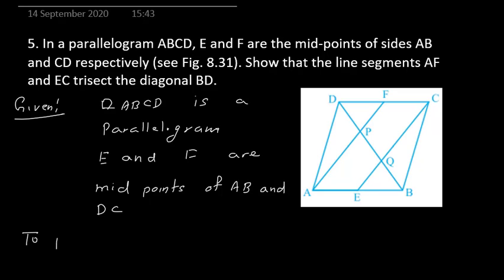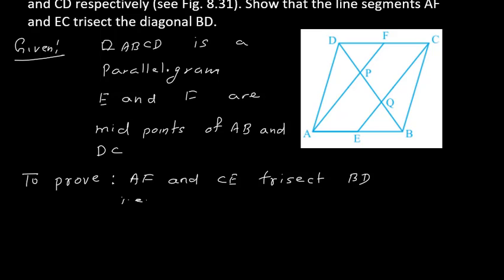We have to prove that AF and CE trisect BD. That is, DP is equal to PQ, that is, BQ is equal to QP is equal to PD. This we have to prove. Let us start with the proof.